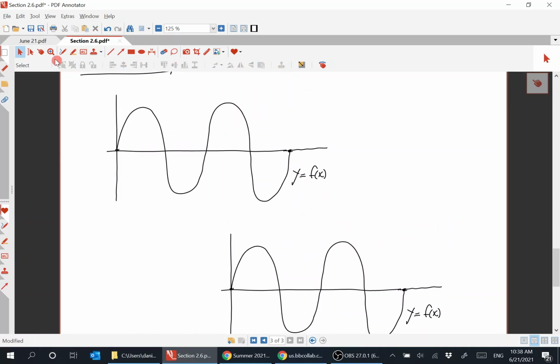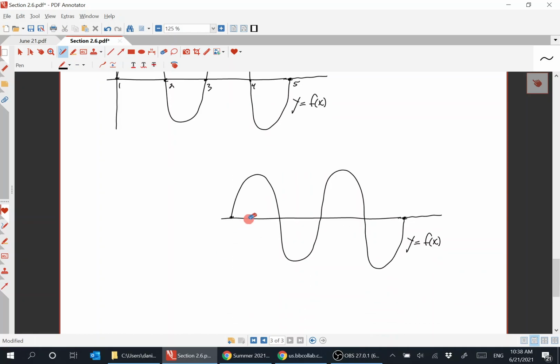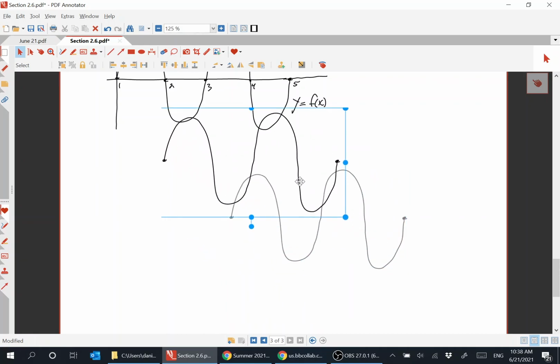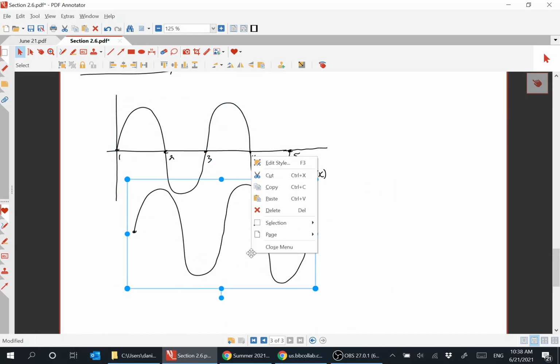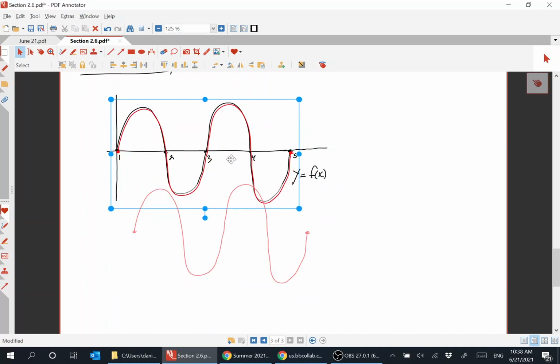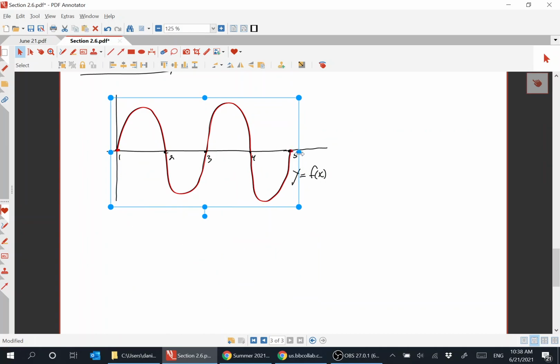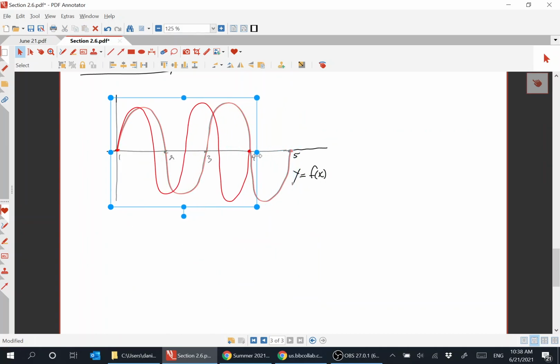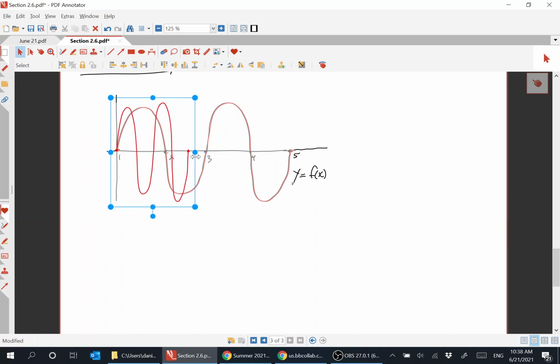So if this is y equals f of x, and let's put actual numbers here, 1, 2, 3, 4, 5, like that. I'm going to take this function and I want to squash it by half. So the 5 goes all the way to 5/2, which would be right here, 2.5.